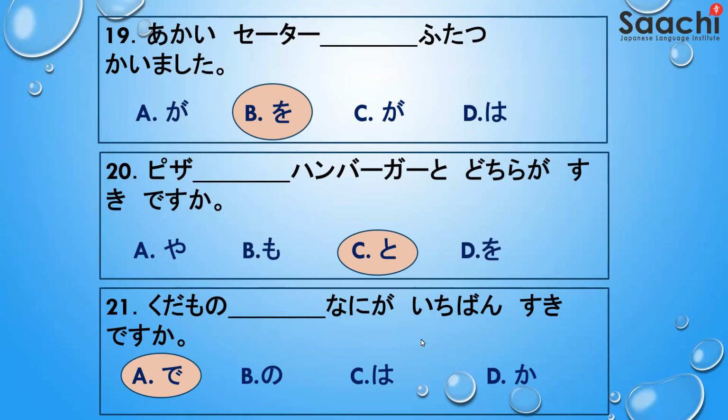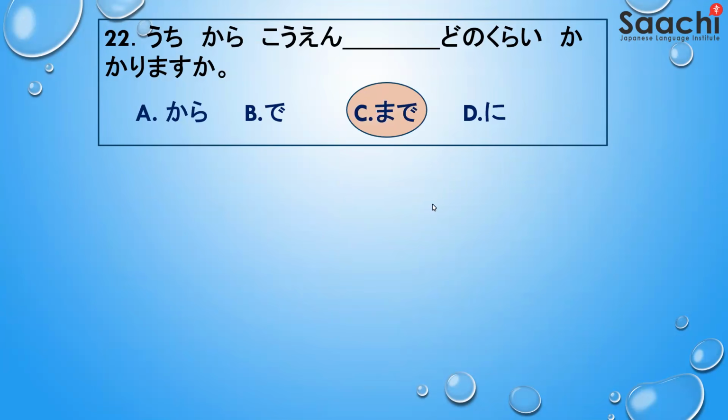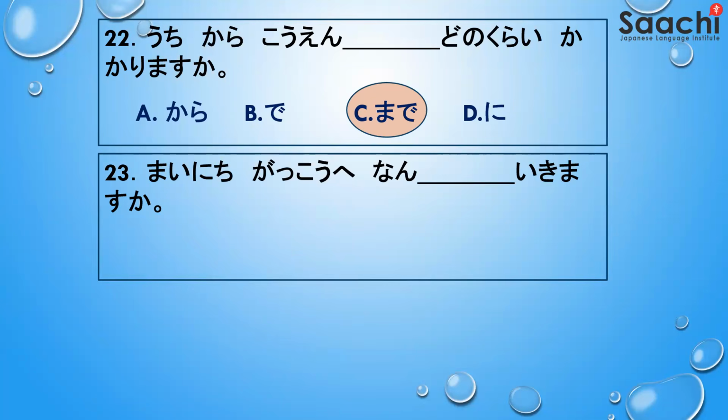Noun で何が一番好きですか？うちから公園、どのくらいかかりますか？から、で、までに、うちから公園までどのくらいかかりますか？毎日公園へ行きますか？を、に、で、なんで行きますか？So here the particle で is for means of transportation. 何で行きますか？By what are you going?